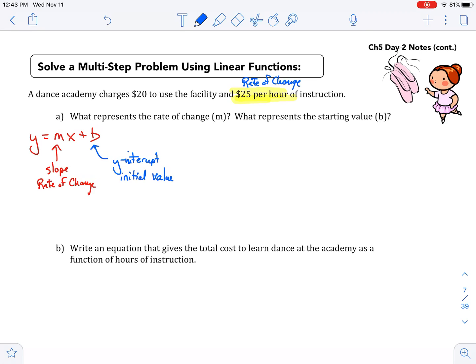If you went for 10 hours, that's 10 times 25. So the rate of change m is $25 per 1 hour. The starting value is the $20 to use the facility. It doesn't matter how many hours I use it for, I have to pay 20 up front.